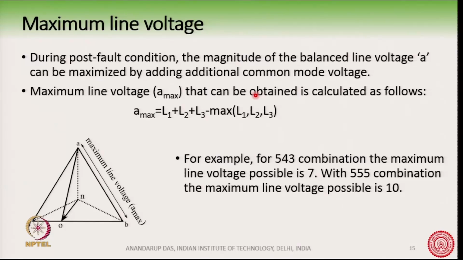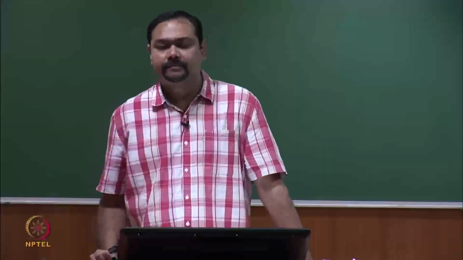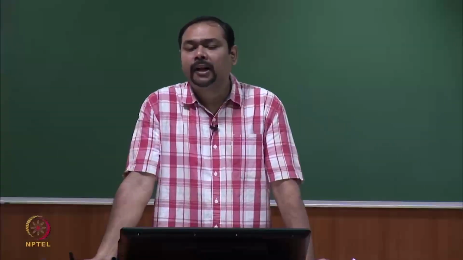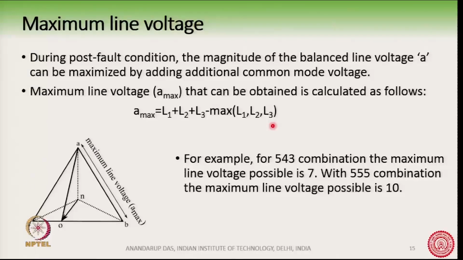That means 5 plus 4 plus 3 is 12, 12 minus max of 5, 4, 3, which is 5. So, 12 minus 5 is 7. So, the maximum line voltage that is possible with this converter during unbalanced pole voltage is 7, and of course, with the 5-5-5 combination the maximum line voltage possible is 10.